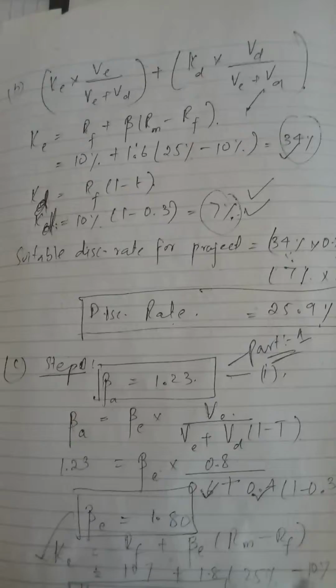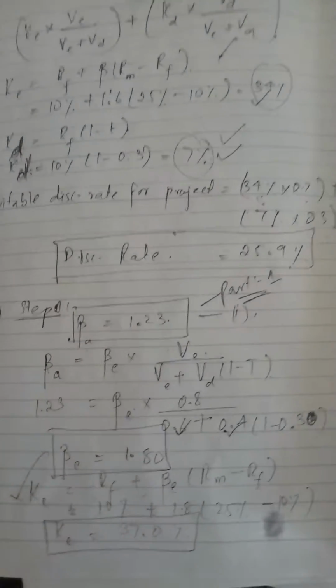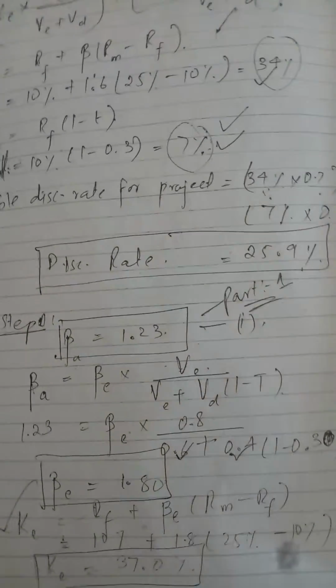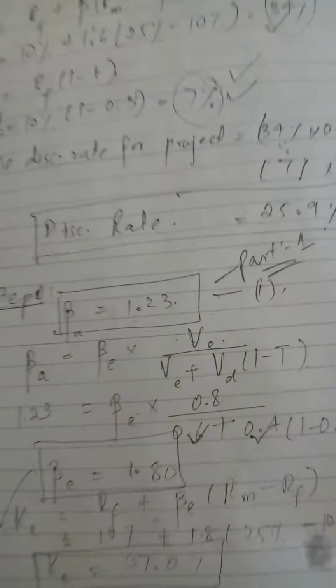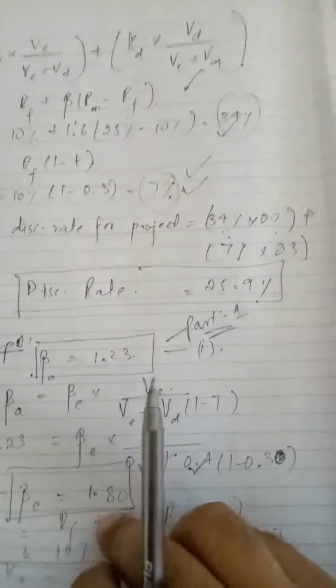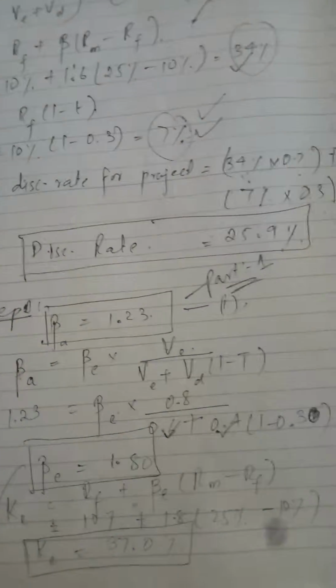So I hope I have explained enough about the weighted average cost of capital. When we are talking about a company which has a project in another industry, and that industry's gearing is provided, your company's beta value has been provided, and the beta value of the industry you are interested in working in has been provided.